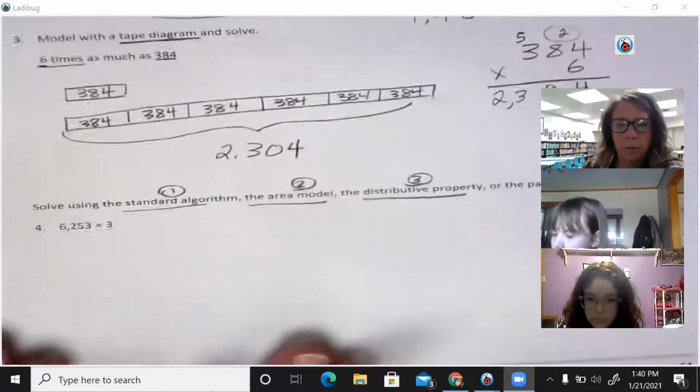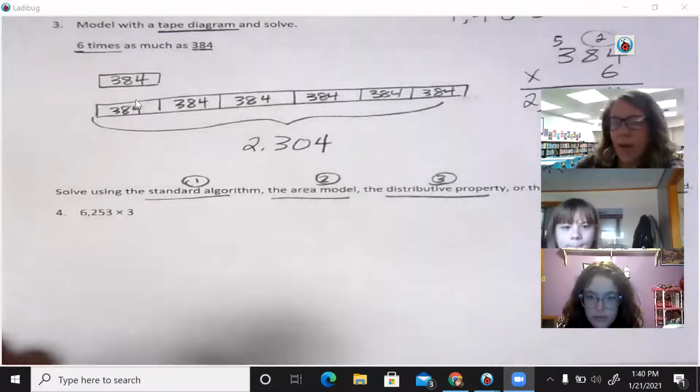All right, so who remembers what strategy or what method are we using? You can just unmute yourself. Distributive property. Okay, so I wonder, can you guys see my paper? Yeah.